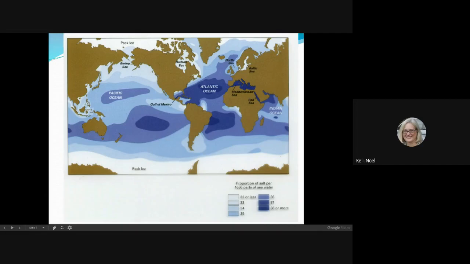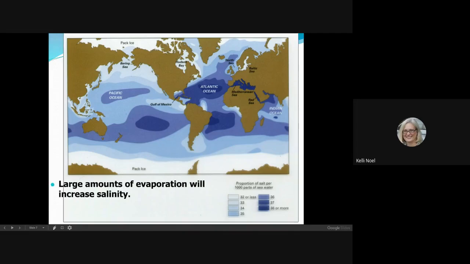So what do we know that flows right through here? What is this area called on a map, or line of latitude? Equator. So these ocean waters that seem to be saltier must be closer to the equator. They're warmer. So it appears warmer water is going to have more salt.